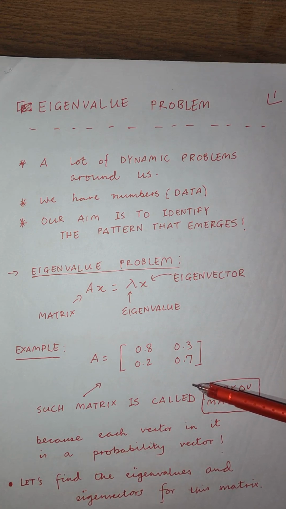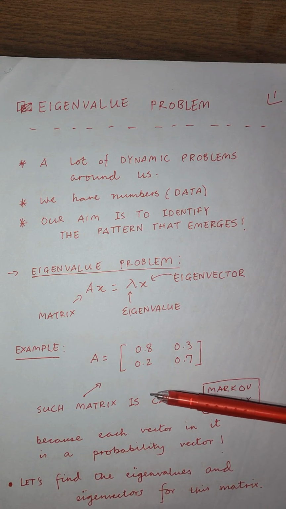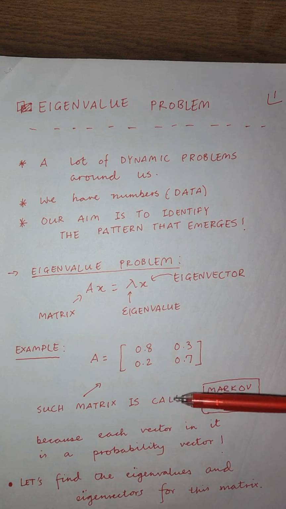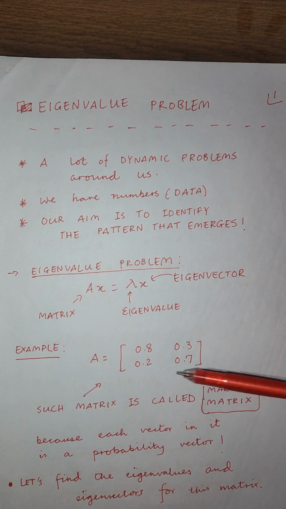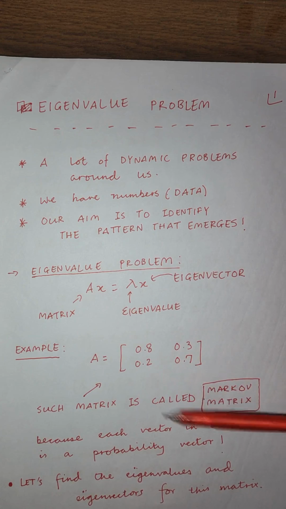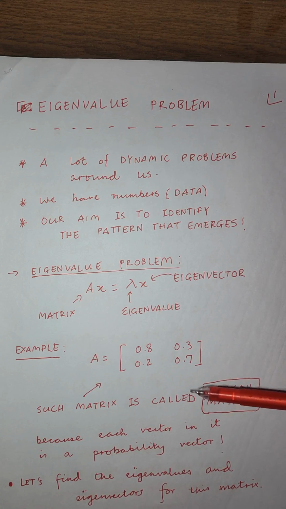So two points to be noted for Markov matrices are: each column in a Markov matrix is a probability vector, so the entries sum up to 1, and each entry in a Markov matrix would be a positive number.